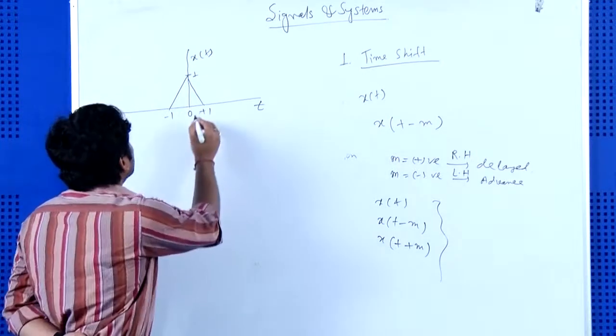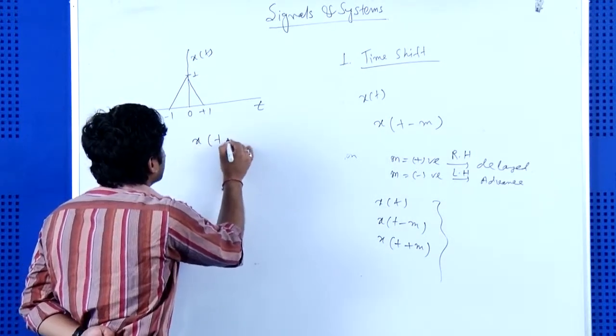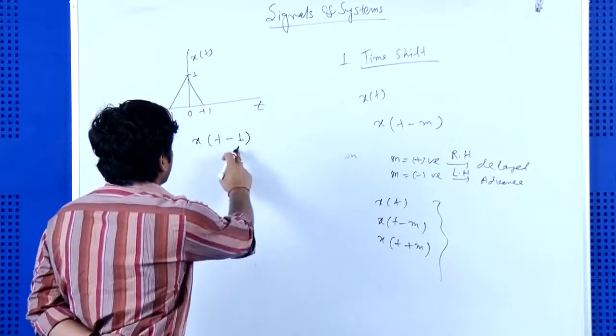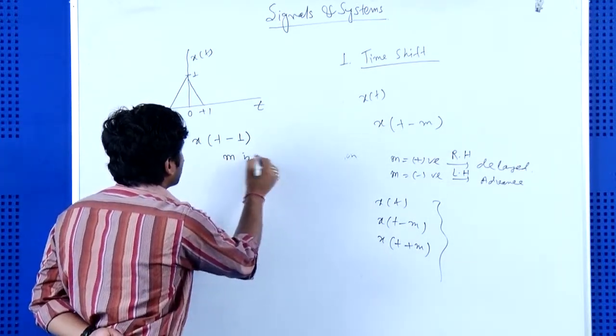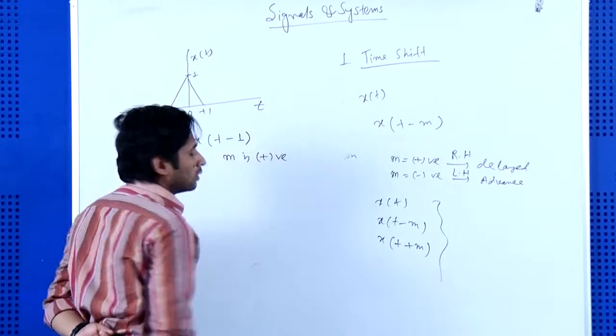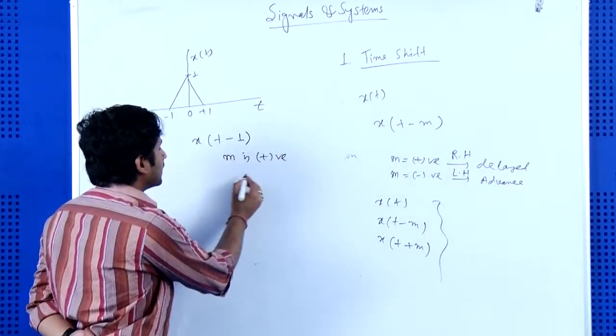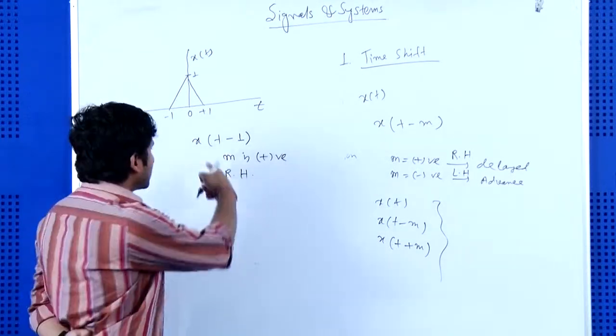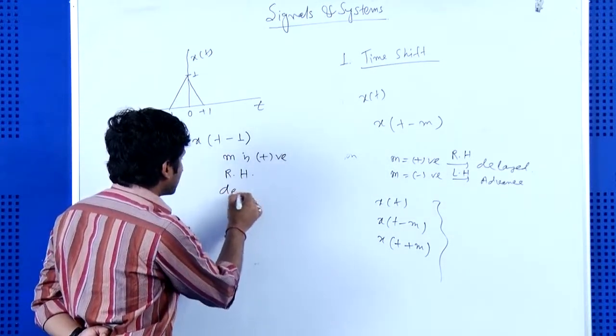So, we want to find out x(t - 1). Here m is positive, so there is a shift to the right hand side, this is the delayed version of the original signal.